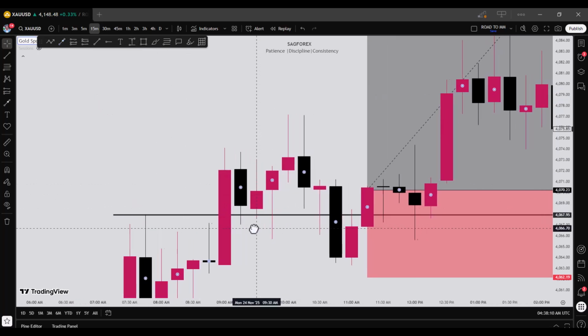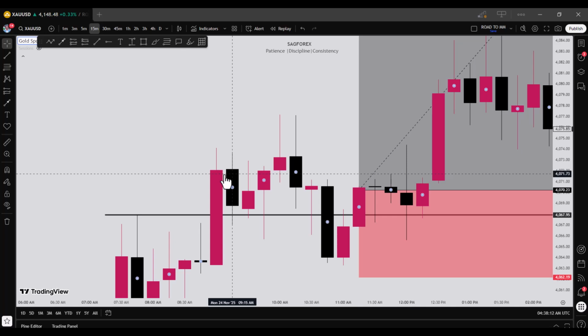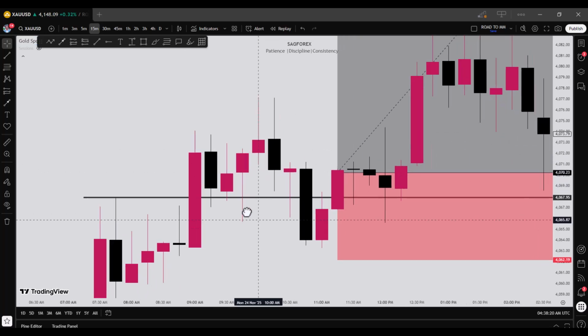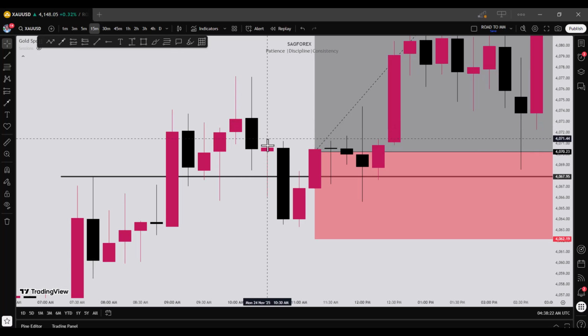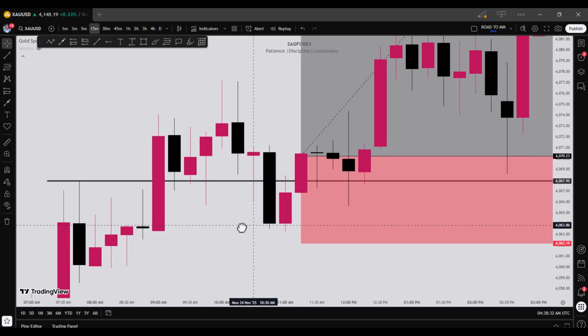What did we see happening? Price broke above it. As it broke above it, what happened? You could see price moving up and down over here, and like we expect, price fell below it again. That is the correction we were expecting to happen. For price to come down below it is a correction we expect to happen.